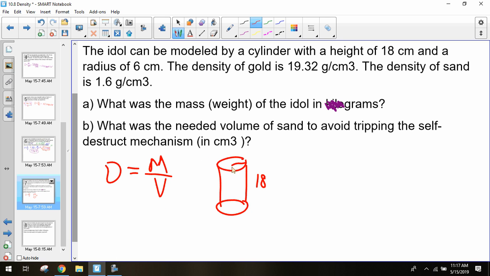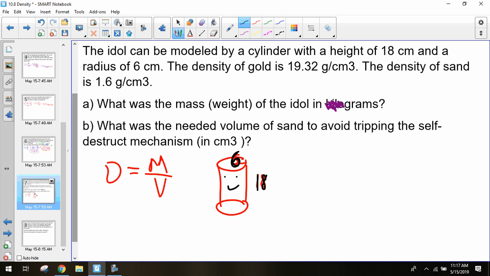Our radius of our idol is 6. So what are some things we need to find? The volume of that. Okay, so we'll have to find the volume of that.